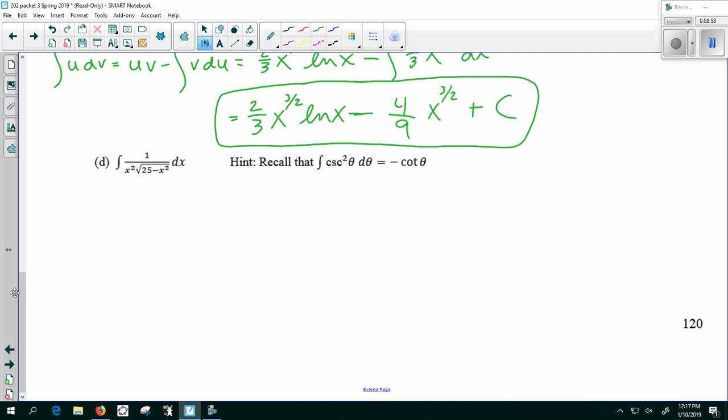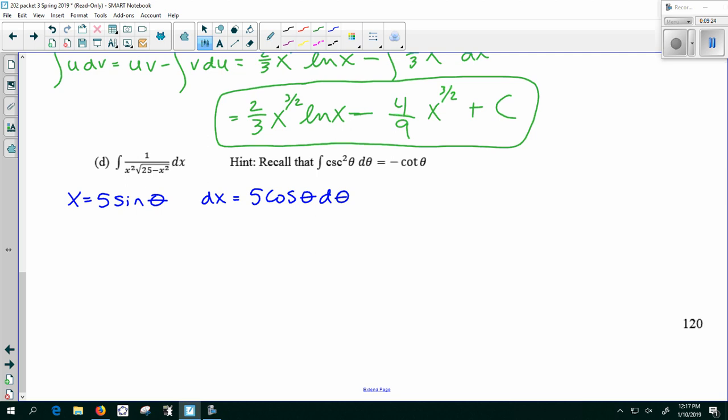So if you remember, when it looks like a squared minus x squared somewhere in your integrand, that is a hint to use the trig substitution x equals a sine theta. So we're going to let x equal 5 sine theta, which means that dx, the derivative of 5 sine theta, would be 5 cosine theta d theta.